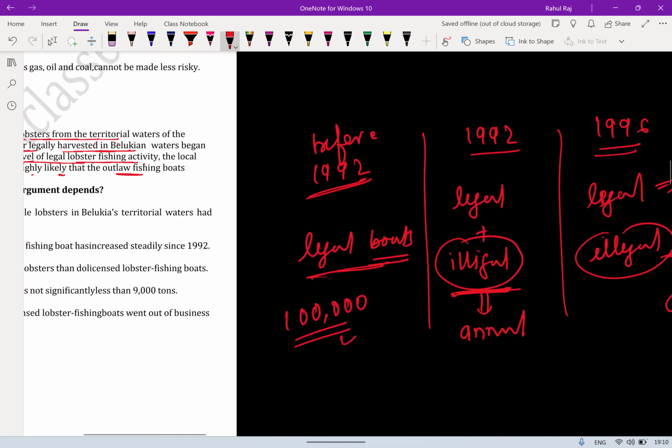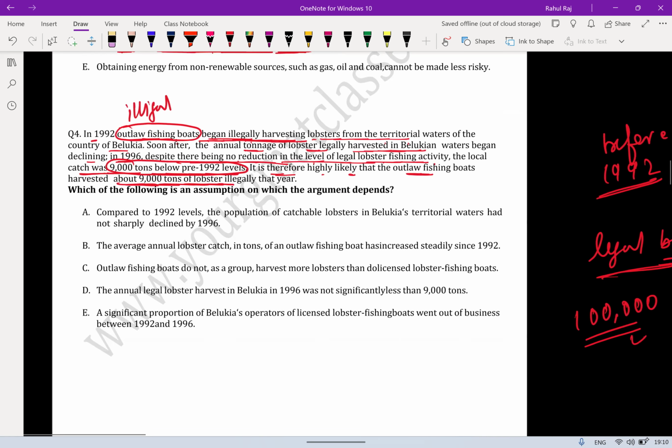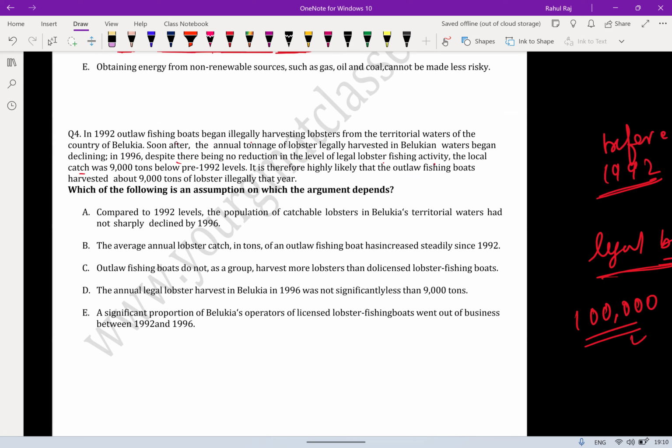Now, if I negate statement number 1, please understand it very well. It's extremely important in terms of how we are trying to weaken the conclusion after negating the answer choices.